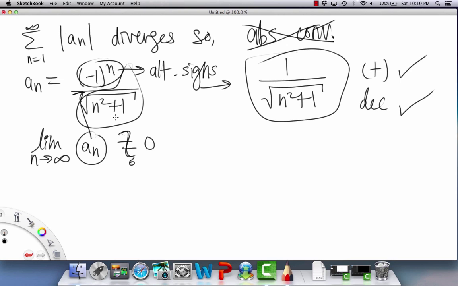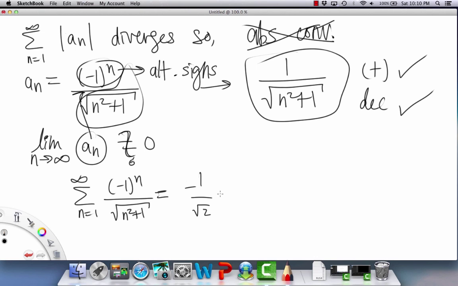Okay, so let's check the behavior of it. So if we actually plug it in, I'm just going to set it up the way it was given. So we have negative 1 to the n over square root of n squared plus 1. So this equals, let's say we plug in n equals 1. So we'll get negative 1 over square root of 2. Okay? And then for the next one, I'll just write them out.